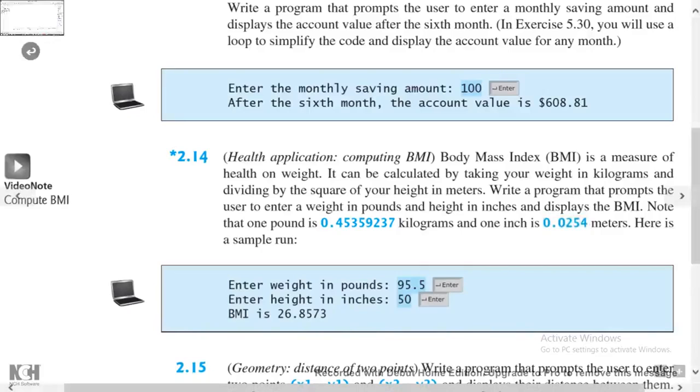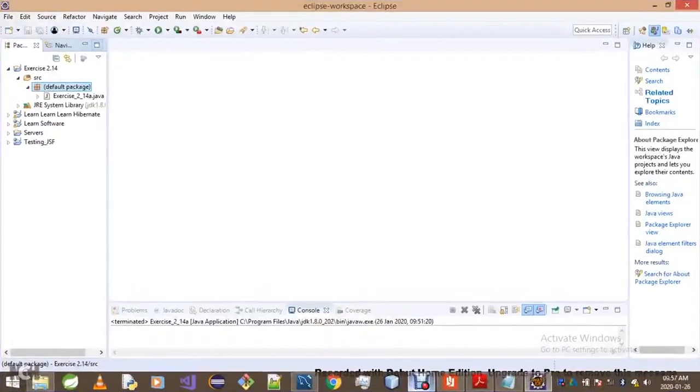Let's try to do the coding and see if we punch these values, we're going to get the number 26.8573. Of course, that's not the only case you should check. You also have to think of exceptions, cases that will mess up your code, cases that will give you a runtime error, for instance.